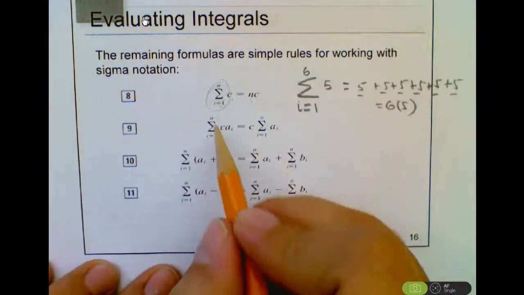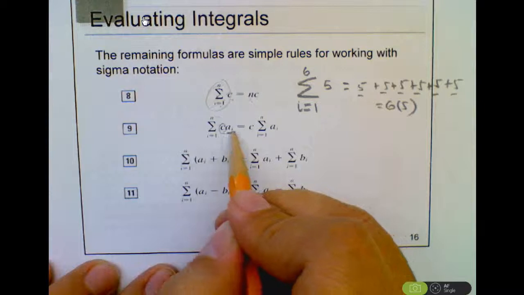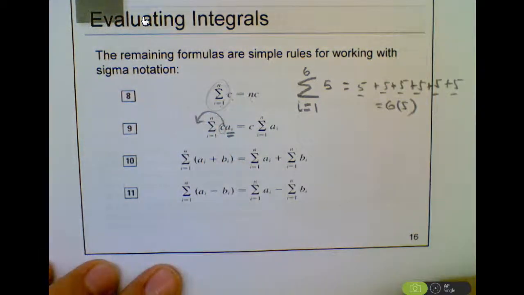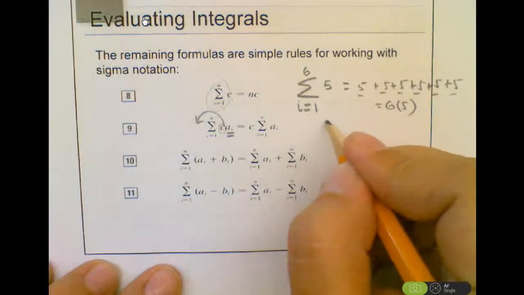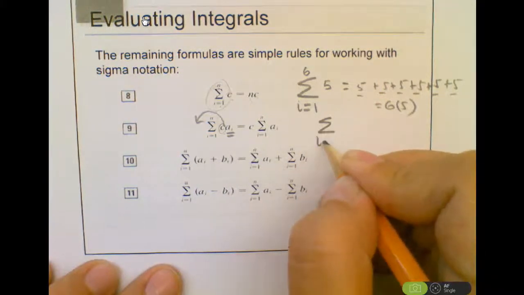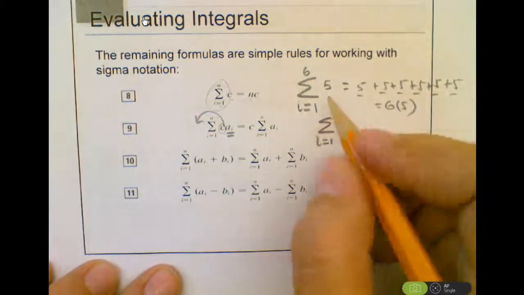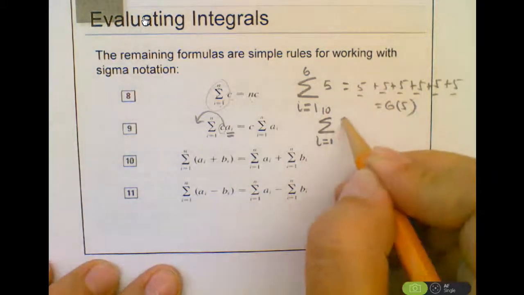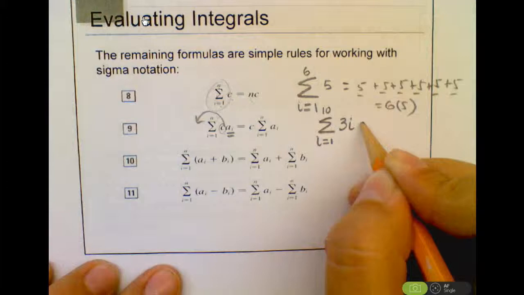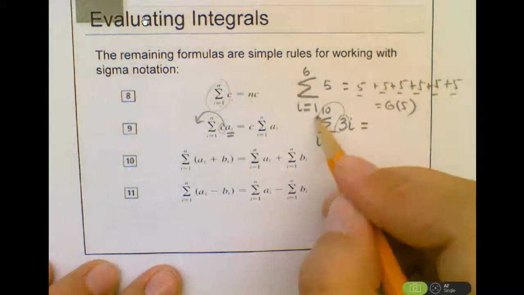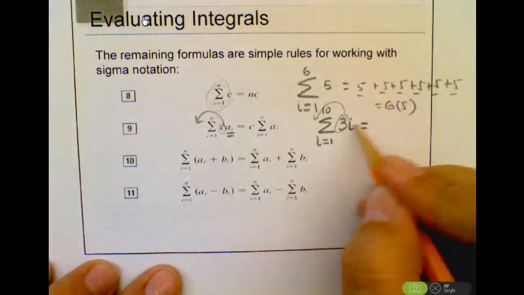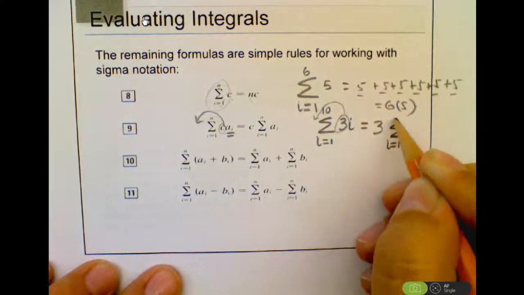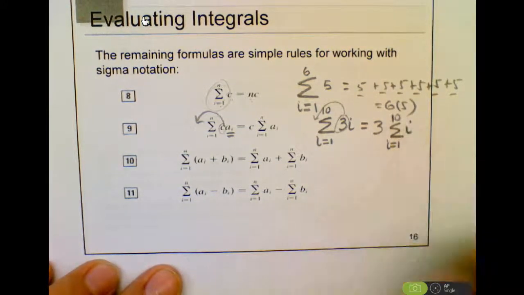Now this one says I have a constant that is multiplying every single item. So the constant can come outside. So let's say that I have the sum from i equals 1 to, I don't know, 10 of 3i. So the 3 is a constant, so it can come outside. So this is just 3 times the summation from i equals 1 to 10 of i.